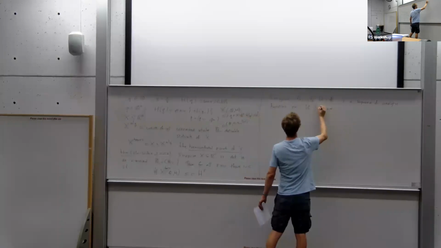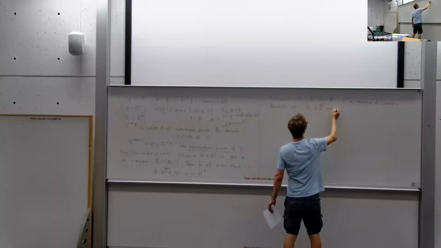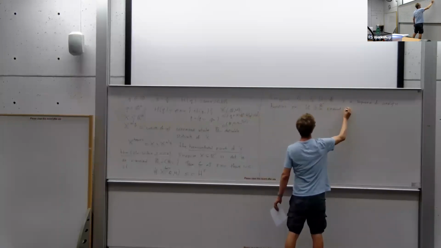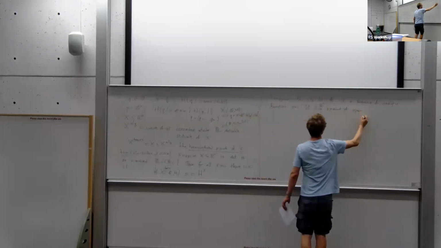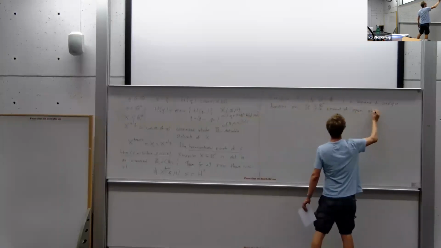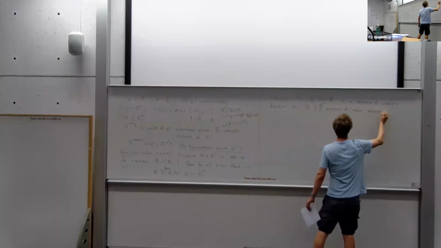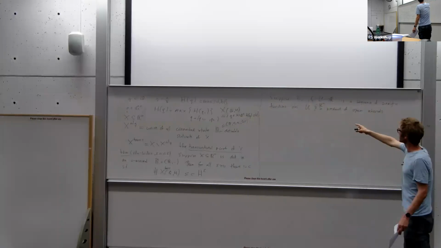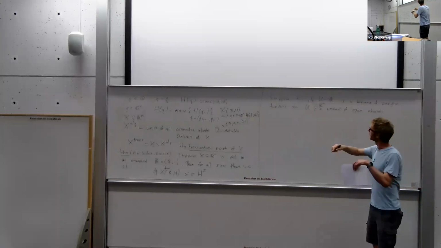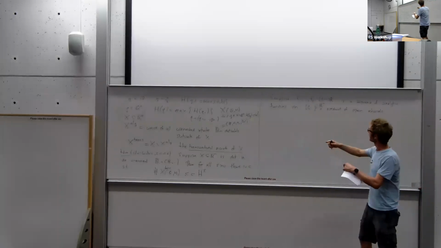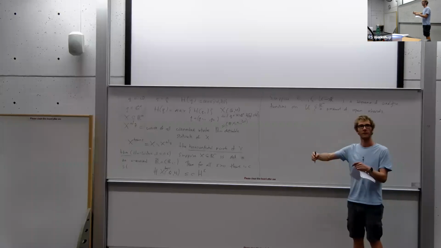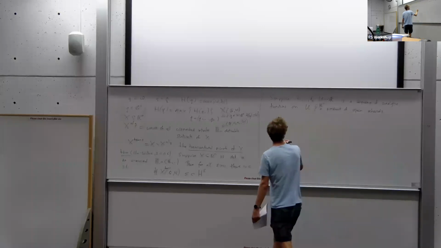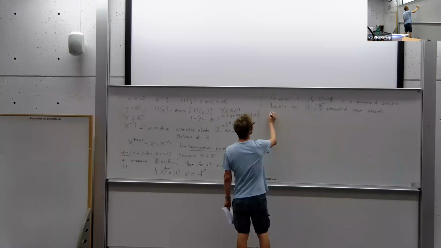So it's a subset of R to the N, and it's a product of intervals. Okay, then this is called a Pfaffian chain if the derivatives depend polynomially on the functions you already have.